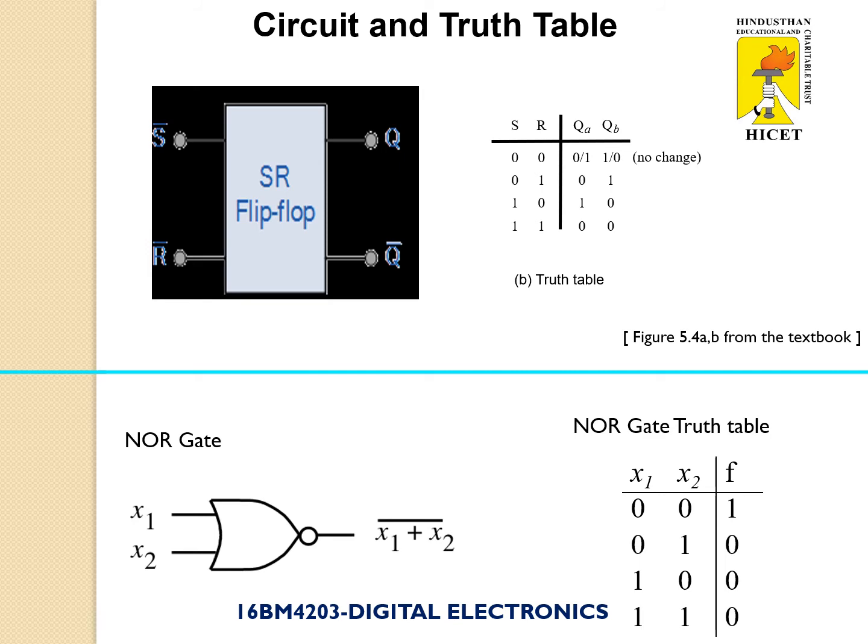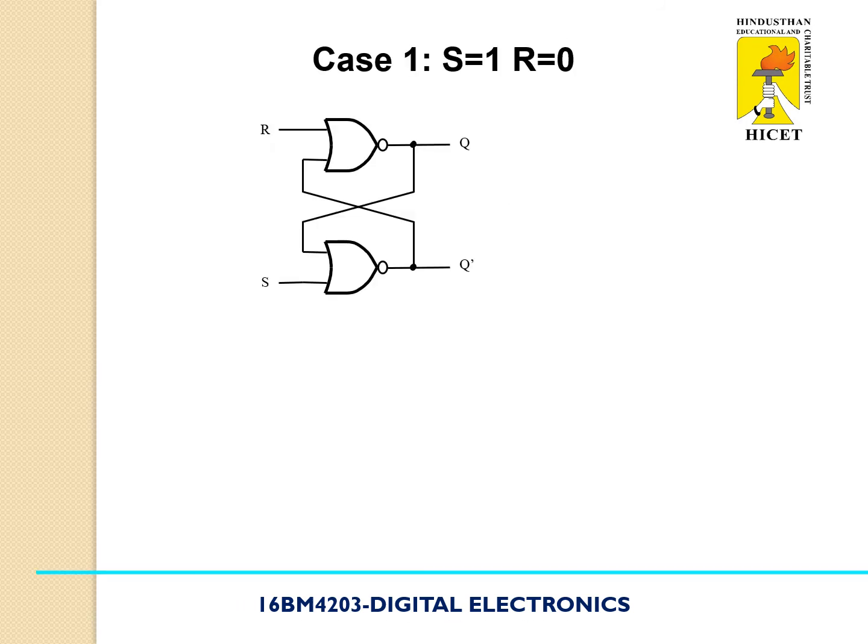Then we will discuss the internal structure and the working principle of SR flip-flop. Now case 1, S equal to 1, R equal to 0. S equal to 1 means set active. So now assume Q equal to 0, then Q bar by default is 1. S equal to 1, so NOR gate 2 output will be 0 because one of the inputs is 1.